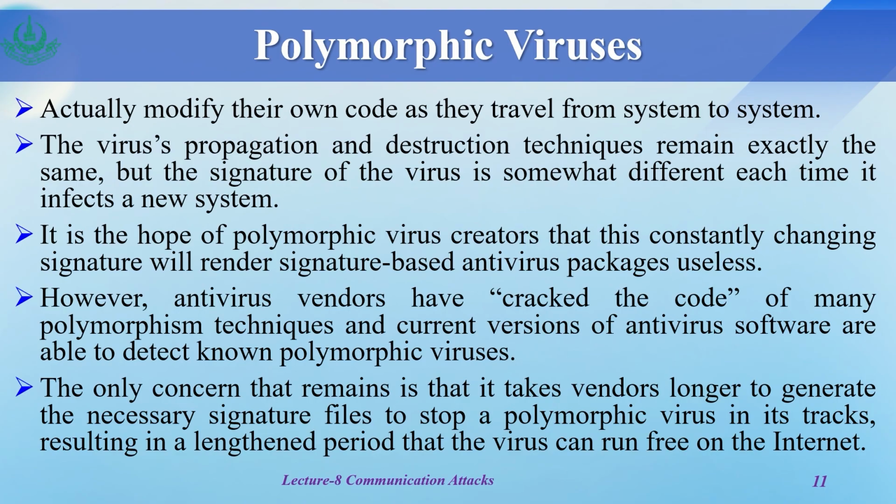The only concern that remains is that it takes vendors longer to generate the necessary signature file to stop a polymorphic virus and its attacks, resulting in a lengthened period that the virus can run free on the internet.